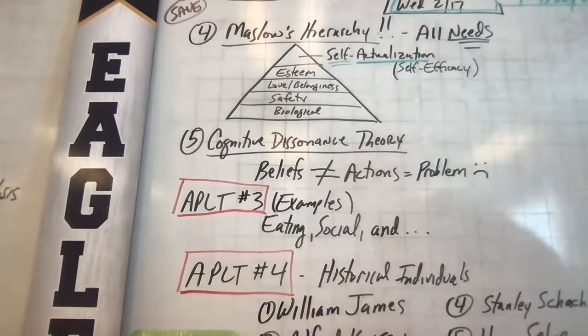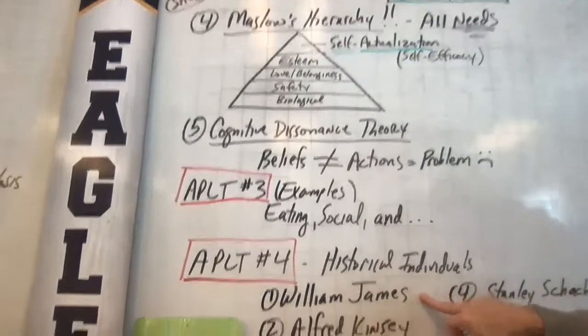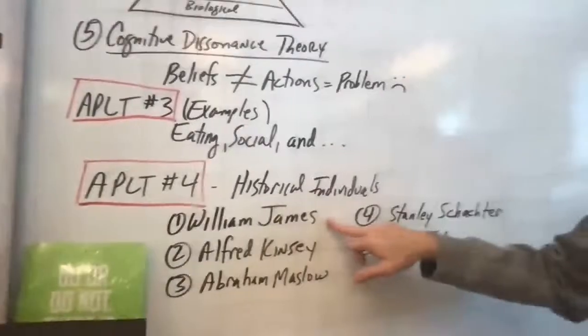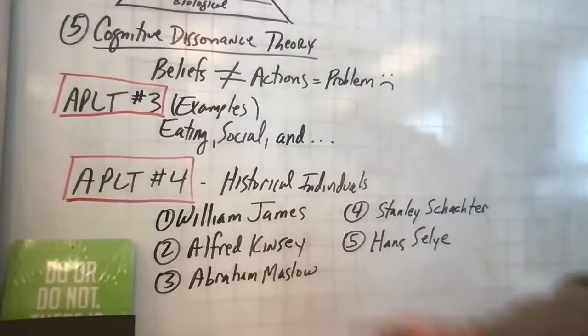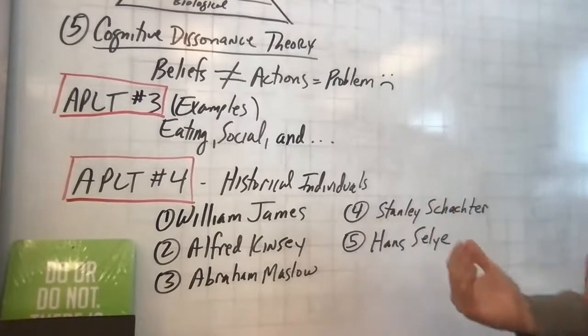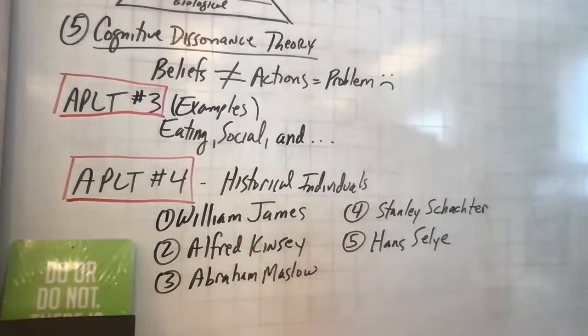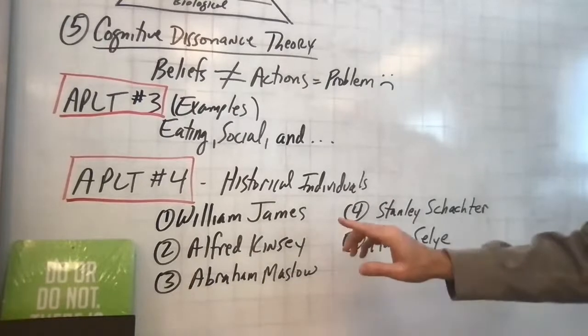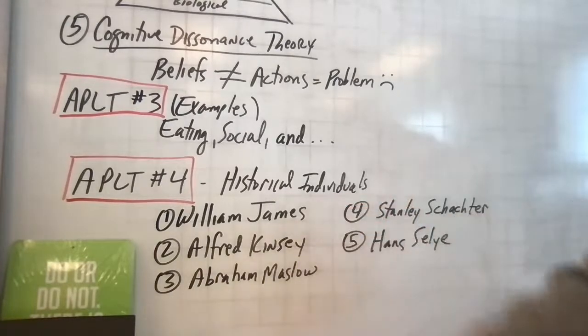Learning target number 4 is historical individuals. You have William James, who should already be in your AP notebook because he's the father of American psychology. His name is on an emotion theory that we'll study next, and he did several pieces of research and theories in motivation and emotion.